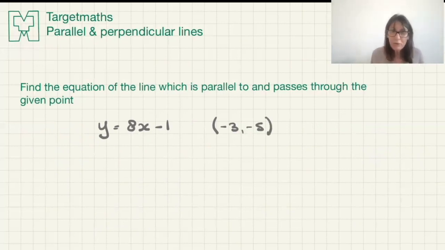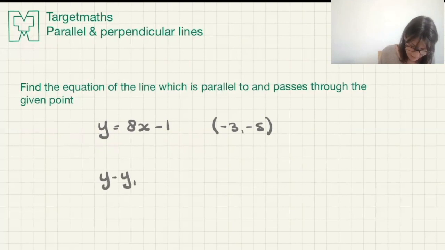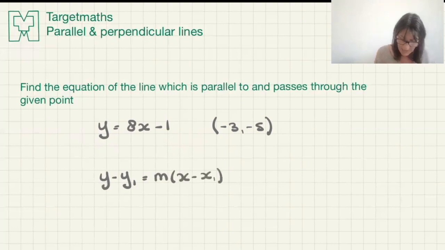You could write the formula down and then get the information, or vice versa. I'm going to write the formula down because actually writing it down reminds me what I'm looking for in the first place. So my formula is y minus y1 equals m(x minus x1). So I need my x1, y1, which is over here.